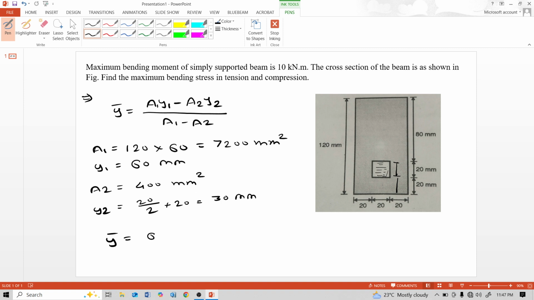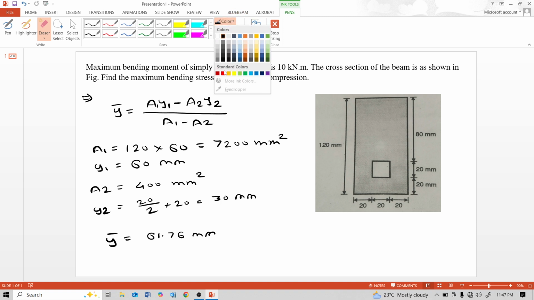That gives 61.76 mm, which is the centroid for this rectangle with the hollow square part inside it. This is the neutral axis, or you may call it the centroid for this rectangle, y bar.